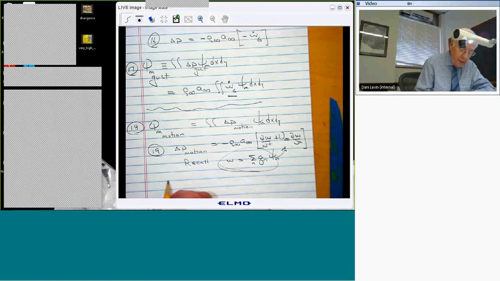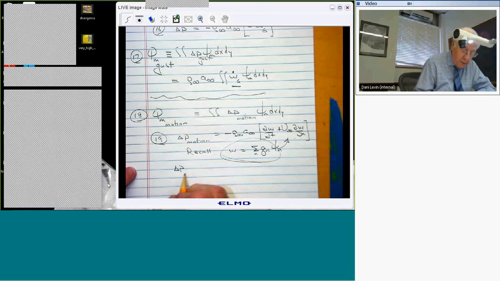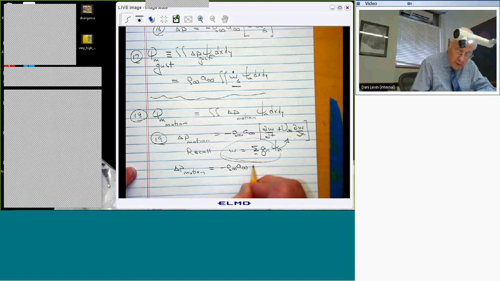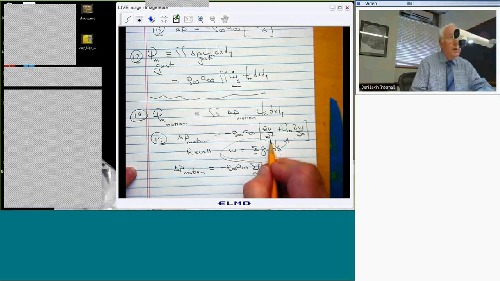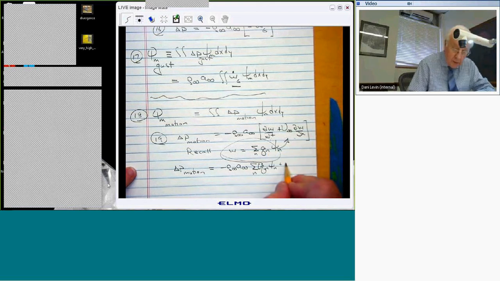We get delta P due to the motion is now minus rho infinity, A infinity, summation over n of qn dot times psi n, that's this term, plus qn times d psi n dx, that's this thing.